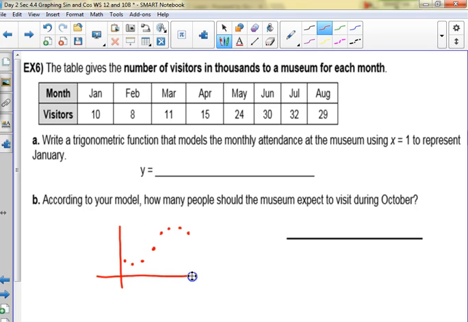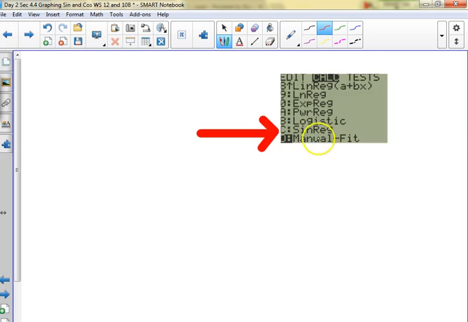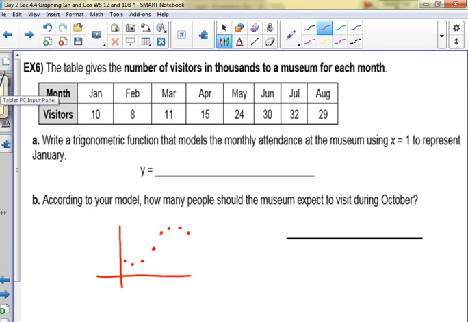Then how do we get there again? Okay, stat. Right arrow over to calculate and down to this sine regression one. All right, it's going to make a pretty big difference whether we save this.